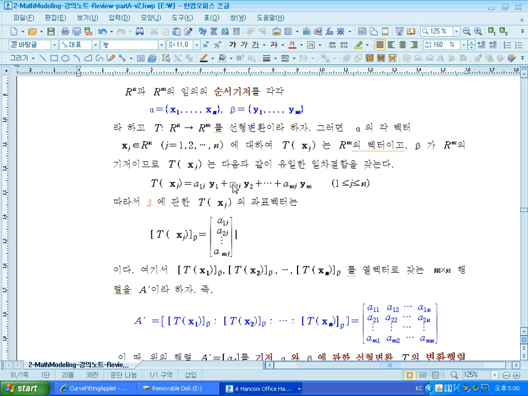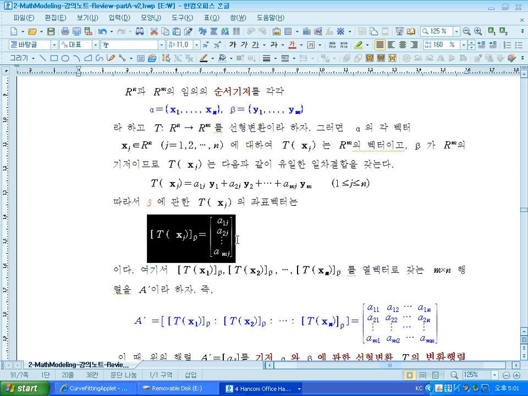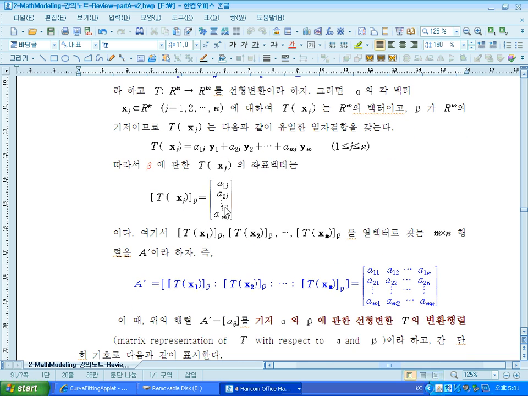With these Aij's, we can form a column vector A1j, A2j, and Amj, like this. This is the coordinate vector of T of xj with respect to the basis beta. So we can fill out the jth column of A prime with these column vectors.